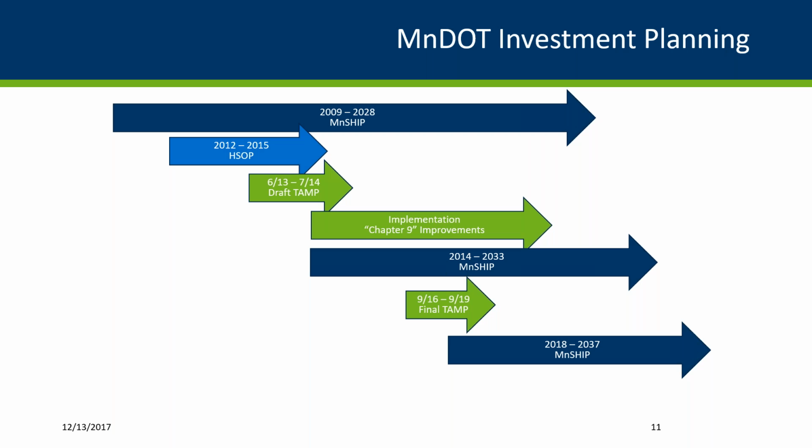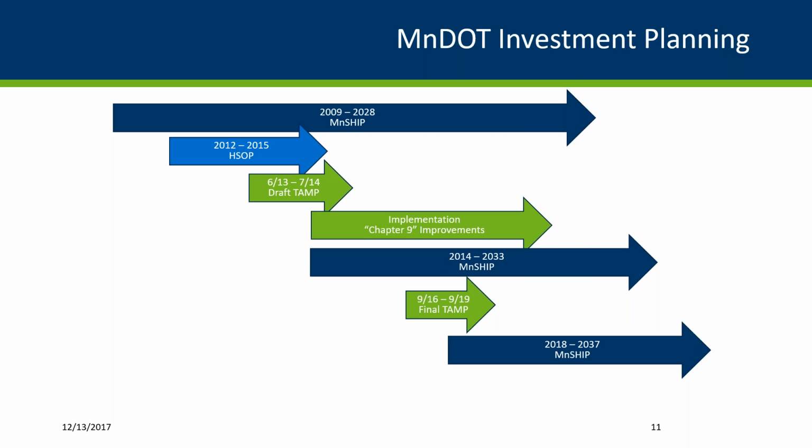Here's another outcome of the TAMP process. The green arrows speak to when we created our draft TAMP and ongoing work on that. And the blue arrows speak to our capital investment planning, and the second and third bold blue arrows on the lower part of the slide there speak to when we were preparing our capital plans.